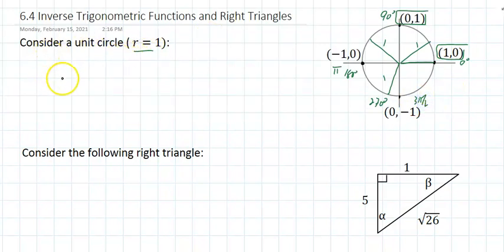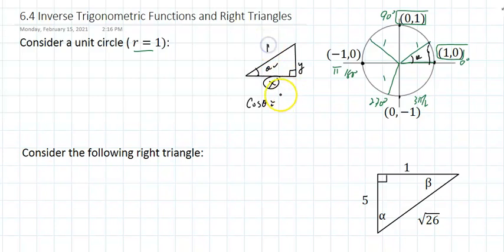If I take any point on the unit circle, where the radius is 1, this is x, this is y, what do we know? We know that the cosine of theta is the adjacent over the hypotenuse.